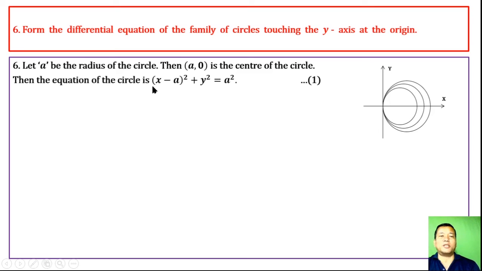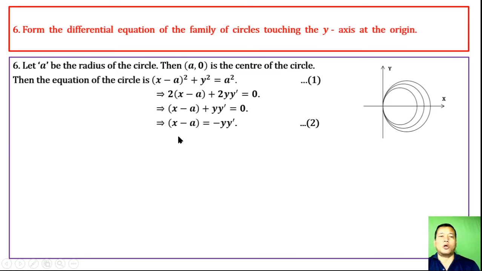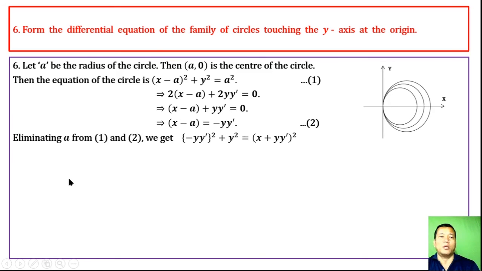Then the equation of the circle is (x minus a) whole square plus y square equals a square, which is equation 1. Differentiating with respect to x, we get this, and 2y y dash; the derivative of the constant is 0. Dividing both sides by 2 and solving for x minus a, we get minus y y dash, which is equation 2.